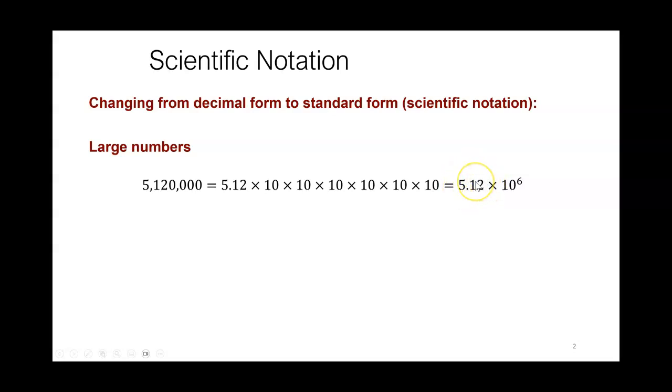It should be a ones place, decimal, and then some decimals. So if we have a number like 5,120,000, we're looking at moving the decimal place from right here, 1, 2, 3, 4, 5, 6 places. So that means we multiply by 10 6 times. And that's how we get the 5.12 times 10 to the 6th.